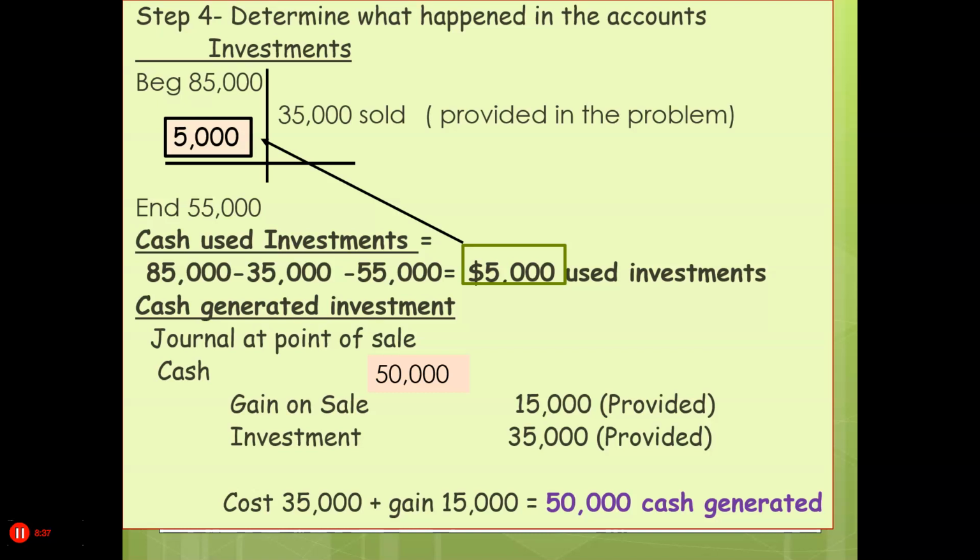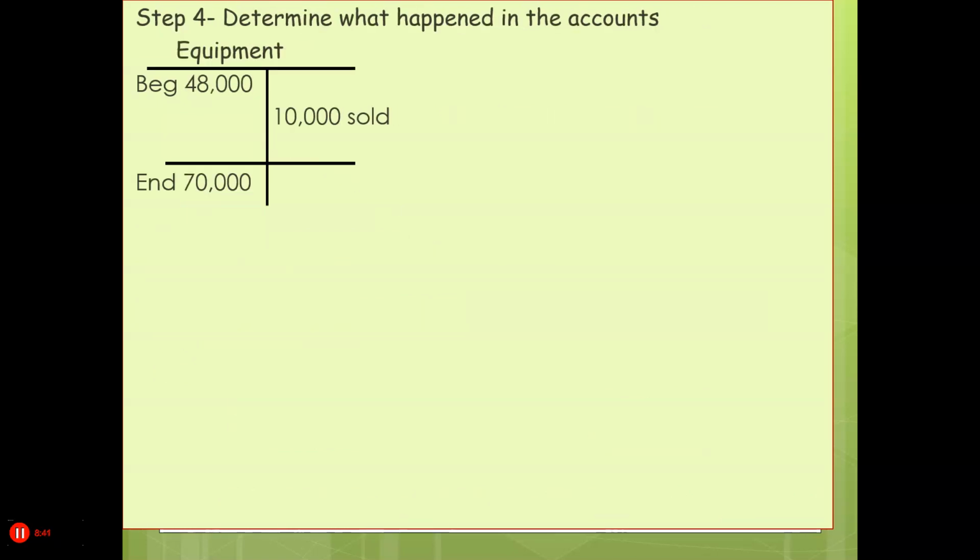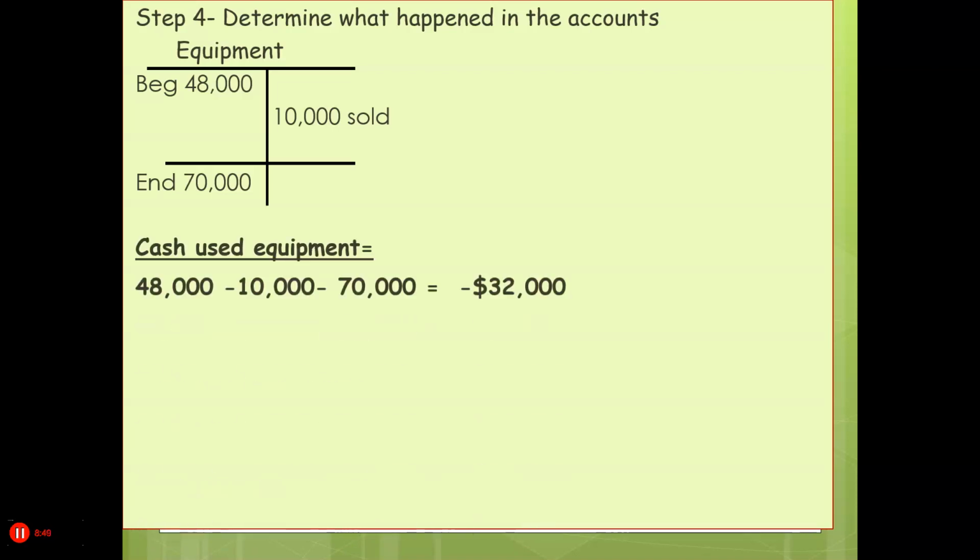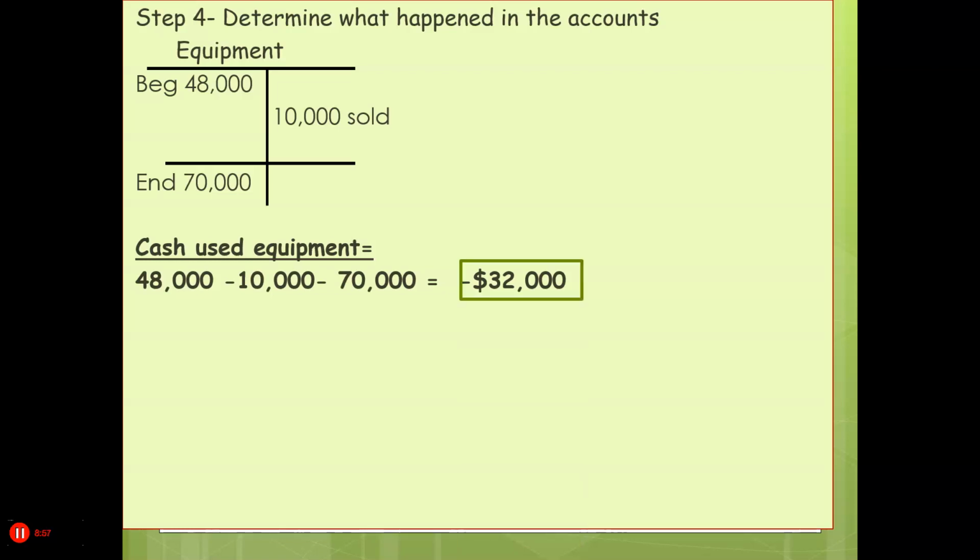Now, let's take a look at equipment because that's also part of investing activity. We had 48,000. We sold 10. We ended up with 70. So what happened? It means we purchased an additional $32,000 in equipment. And you always want to check that by saying 48 plus 32 minus 10 equals 70, which it does.